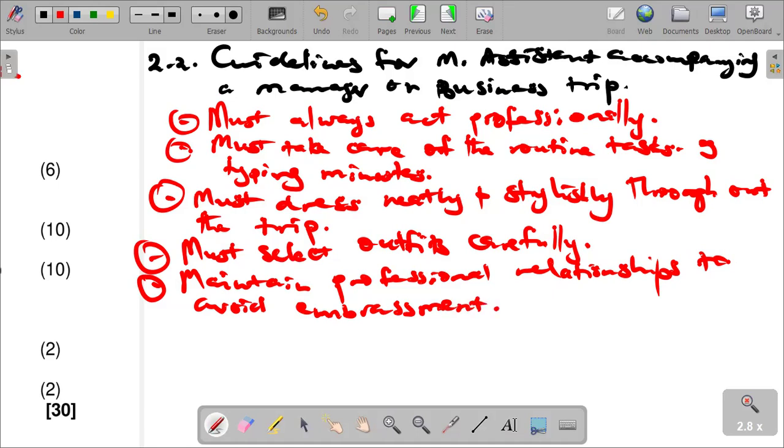The management assistant must ensure that there is always a professional code of conduct in order to avoid embarrassment.